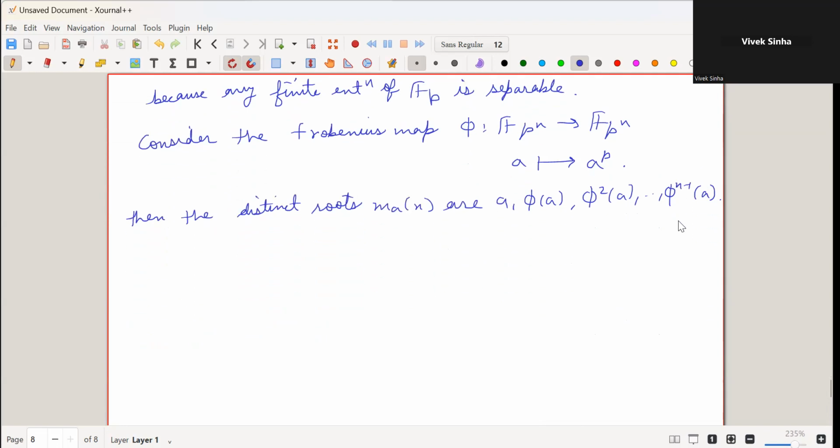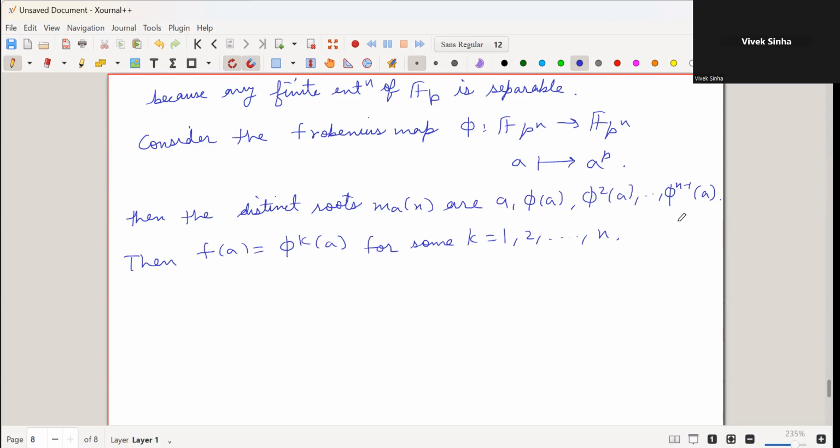So then f(a) is some phi^k(a), with k from 0 up to n minus 1.